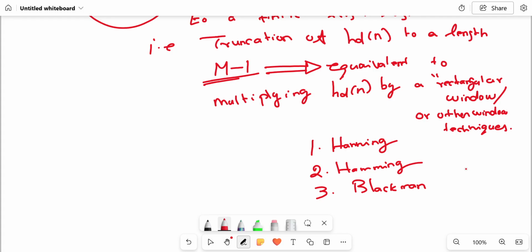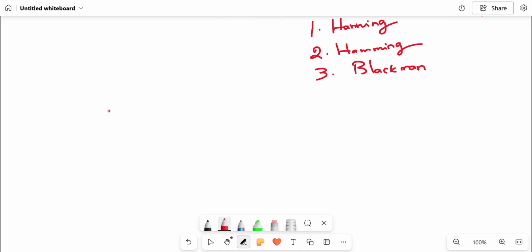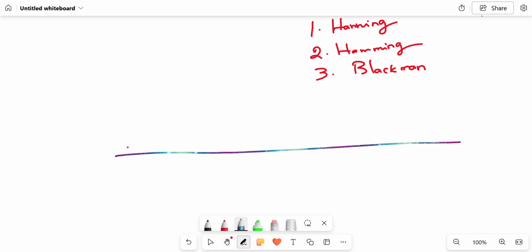Okay. What do you mean by window techniques? So we are truncating. For example, if the sequence is, see, this is a sequence.